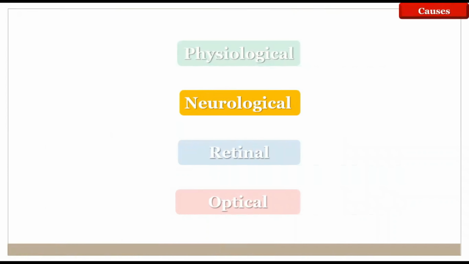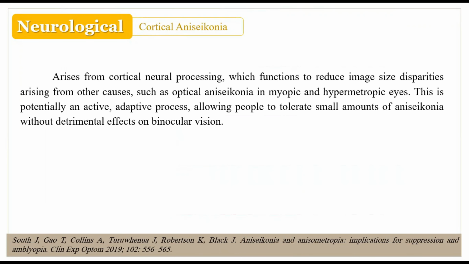Now, moving on to neurological aniseikonia. Sometimes it's called cortical aniseikonia. Again, it's related to the visual cortex. In summary, sometimes we have a patient who has a cause for aniseikonia, but the patient doesn't complain.